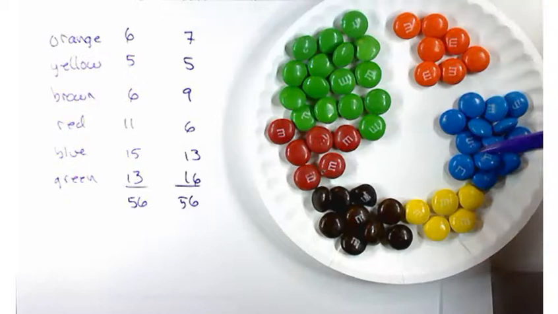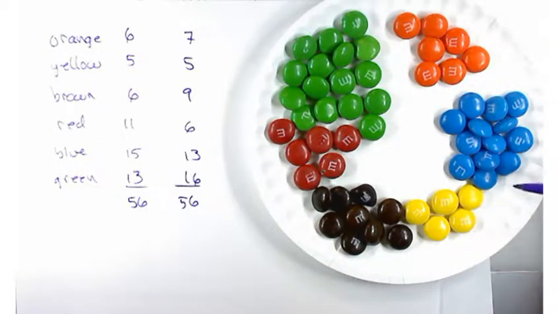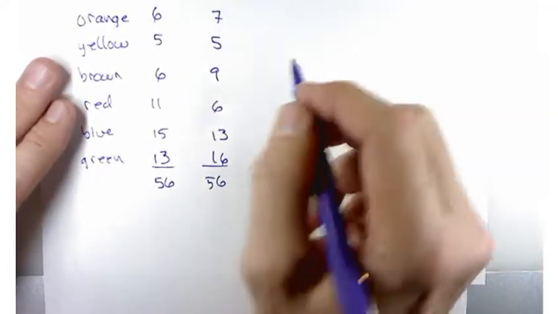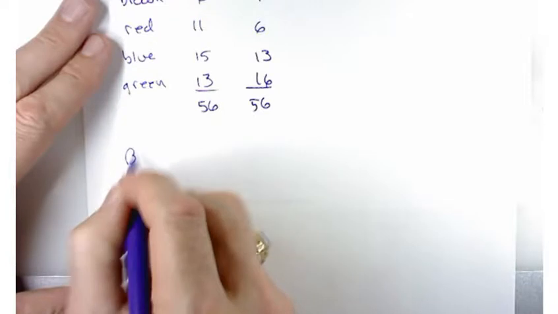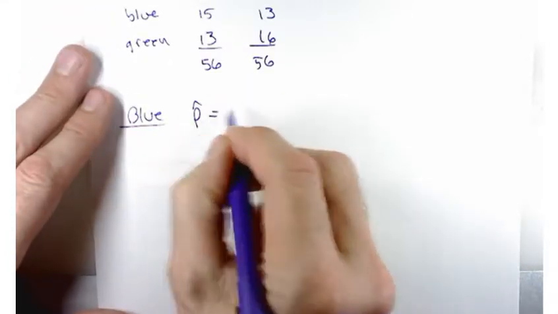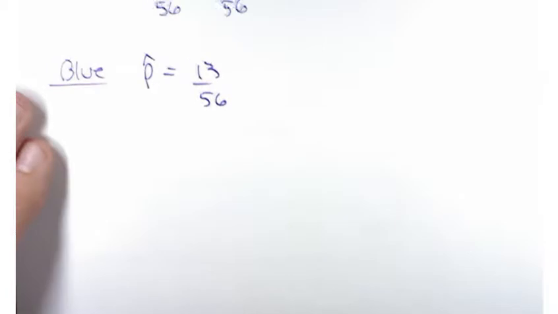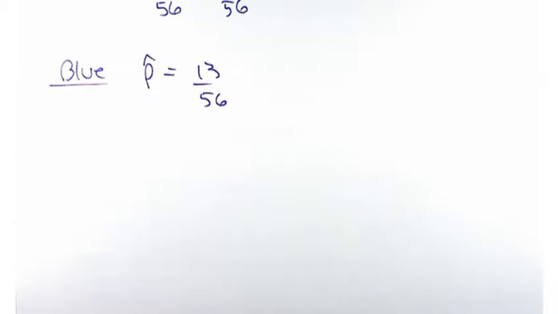Let's find a confidence interval for the proportion of blue ones. So blue. So p hat is going to be 13 out of 56, at least for this class. It was a little bit different from my last class. 13 out of 56.